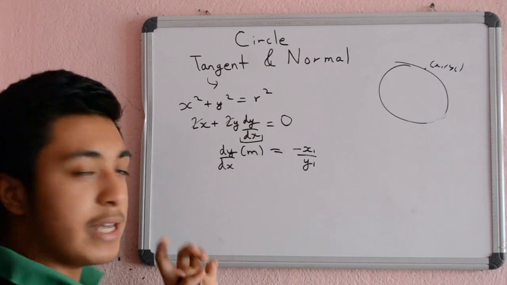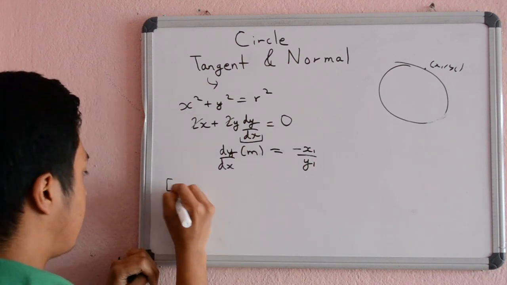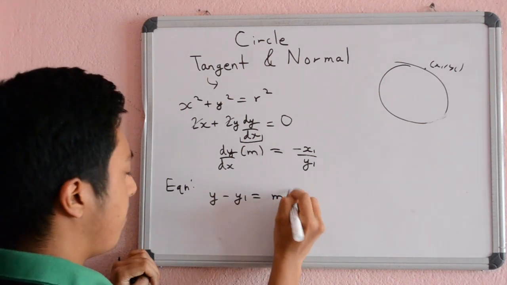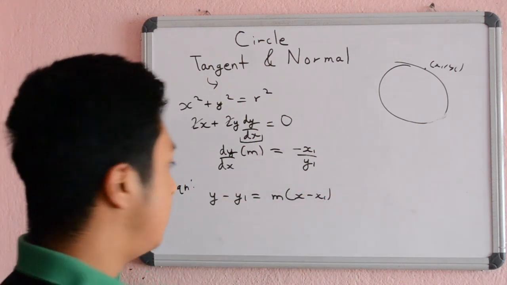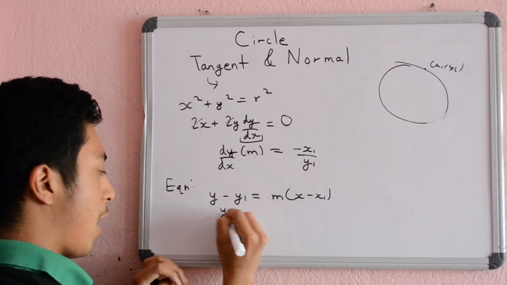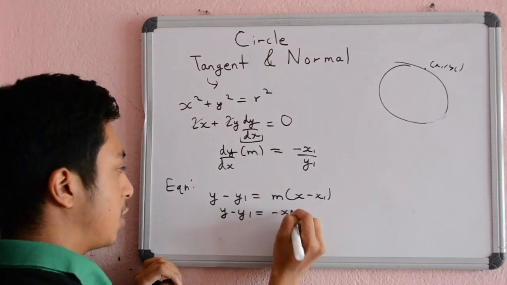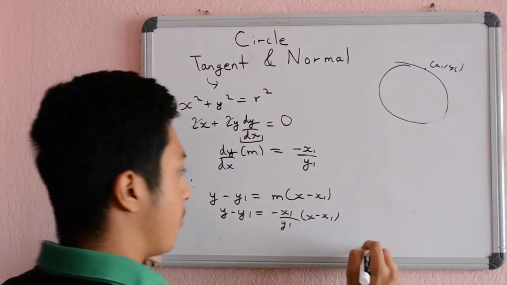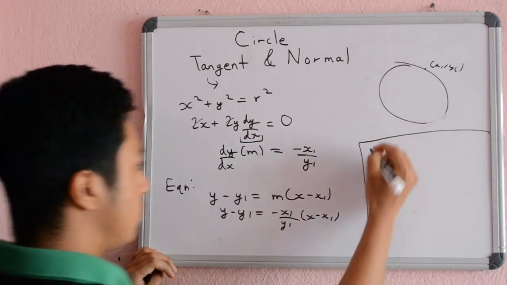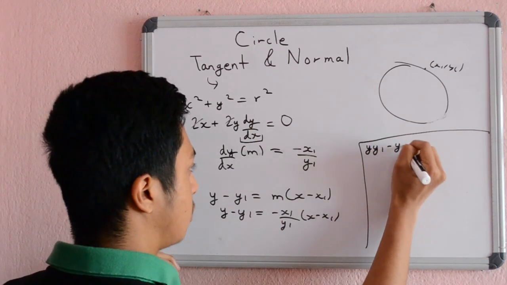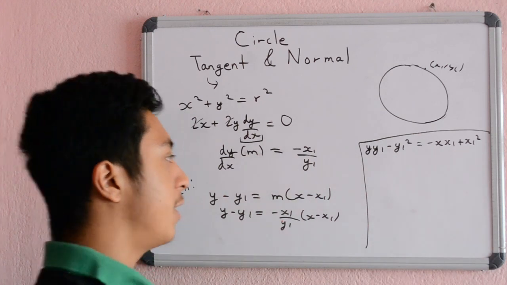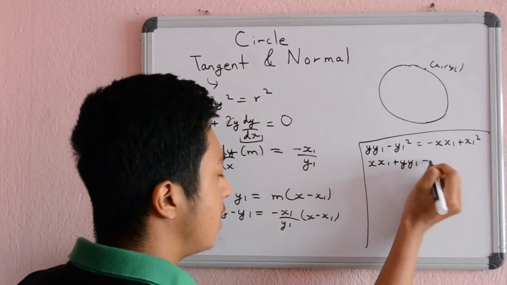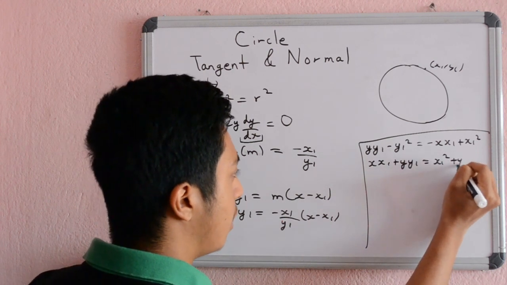Now let's use the equation of the straight line formula, which is y minus y1 equals m times x minus x1, and simply put in the value of m. y minus y1 equals minus x1 over y1 times x minus x1, and it's just algebra from here. We get this over here, and we can rearrange this. So we have x1 x plus y1 y equals x1 squared plus y1 squared.